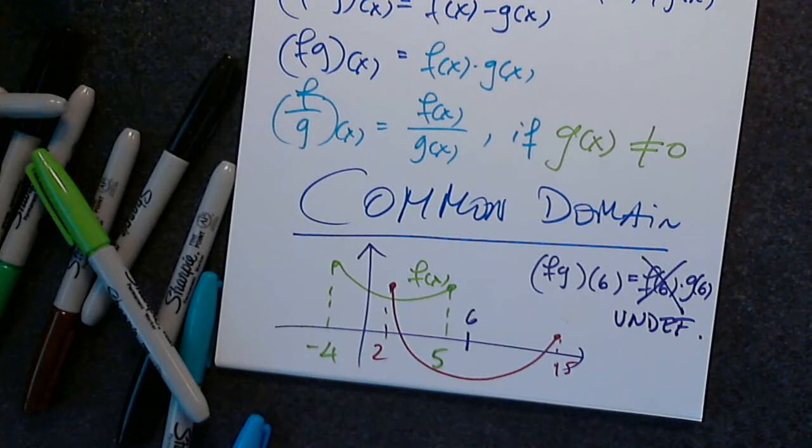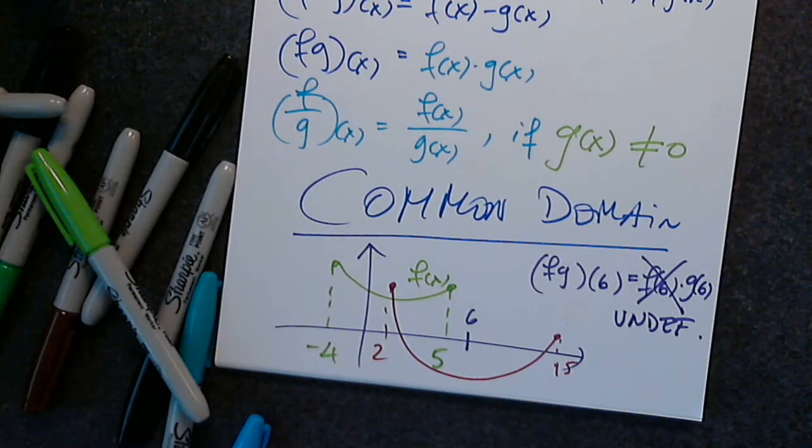Sorry. So now I'm going to ask you, if I want you to determine the product or the sum or the difference or the ratio, which piece of the real line do I have to ask you to evaluate it for? Only between which numbers? 2 and 5.